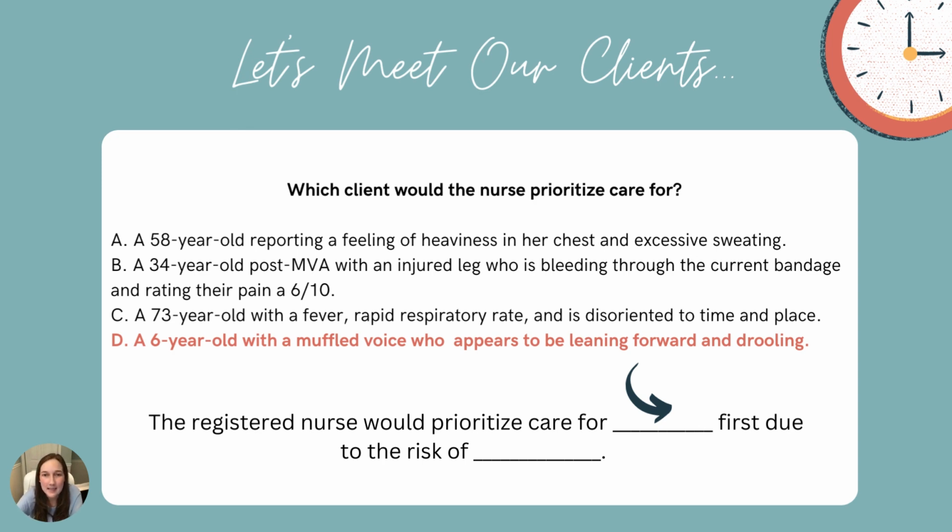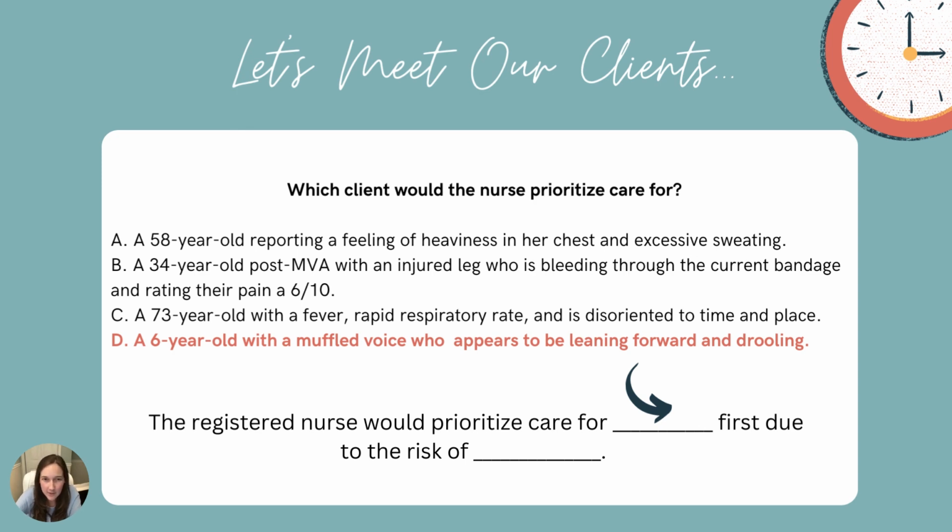A, B, C. Airway, breathing, and circulation. Epiglottitis is a medical emergency, so if the nurse suspects this, it is absolutely a top priority to assess. The position that this client is in can also clue us in that there may be something going on with their airway or breathing, and that leaning forward can also be called the tripod position.